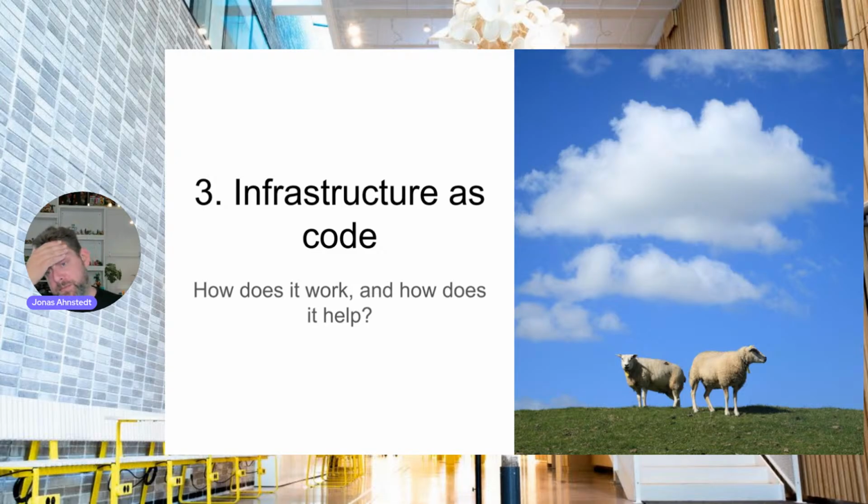The focus here will be how does it work and how does it help? Because infrastructure as code just enables you to create cloud resources as code. But unless you actually go about it in a structured way, it will basically become your favela again of code that you need to maintain.